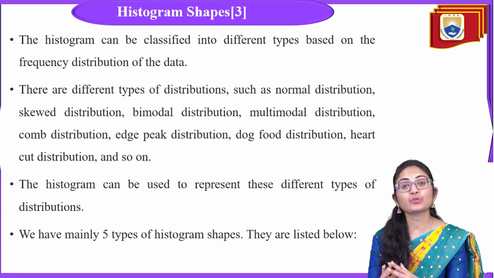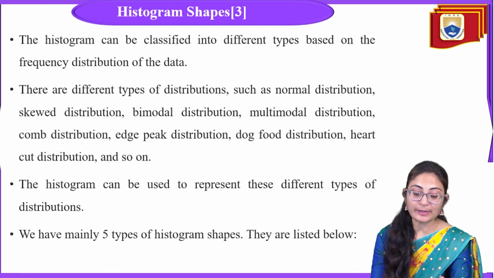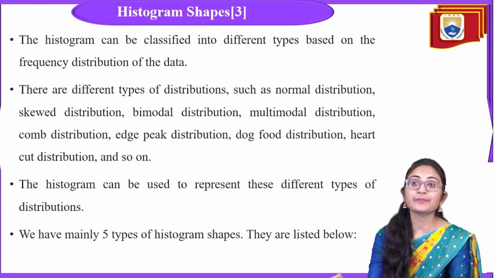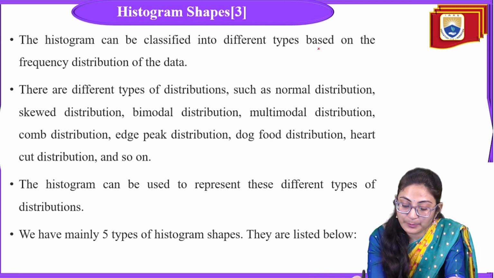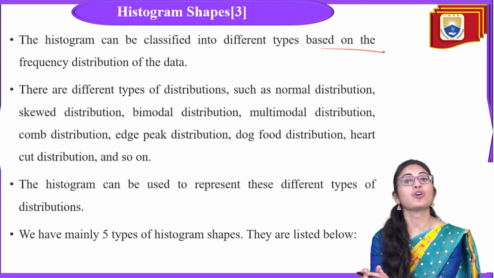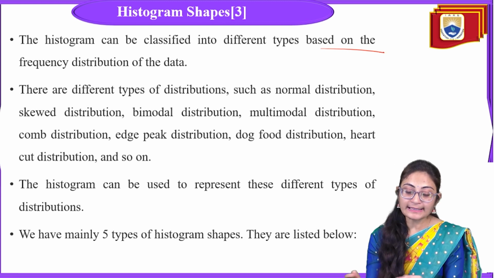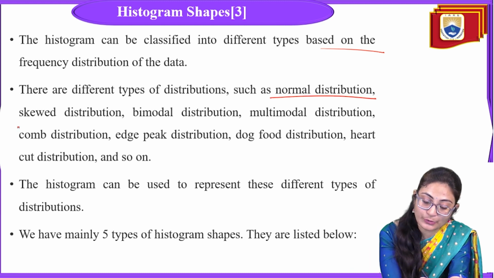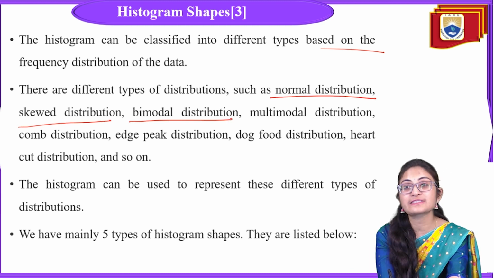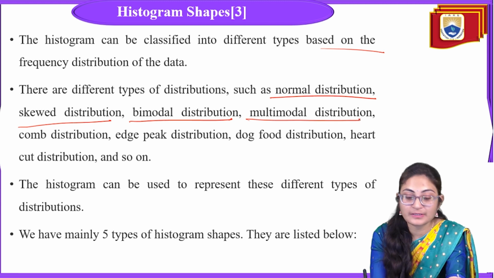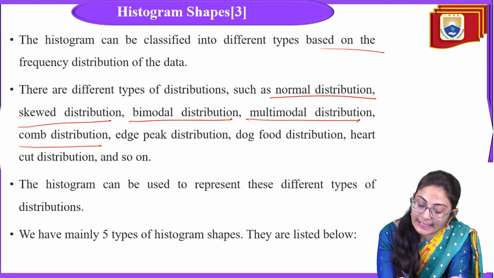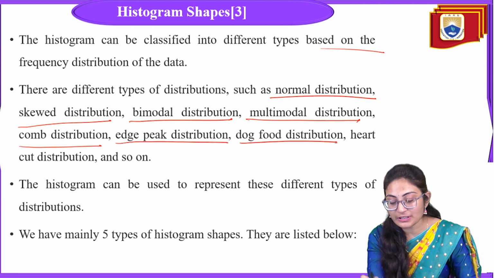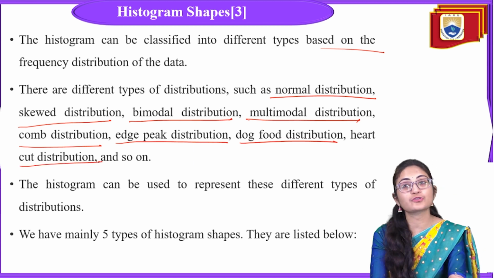After that, histogram shapes. Histograms can be classified into different types based on the frequency distribution of the data. There are different types of distribution such as normal distribution, skewed distribution, bimodal distribution, multimodal distribution, comb distribution, edge peak distribution, dog food distribution, heart cut distribution, and so on.